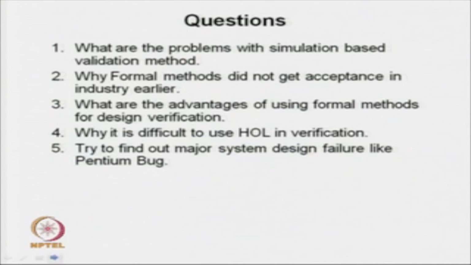The formalism that we use has predefined syntax and predefined semantics. So, ambiguity will be removed when it passes from the design team to the verification team, or to the implementation team. Basically, formally we are defining it, so all have predefined syntax and semantics.